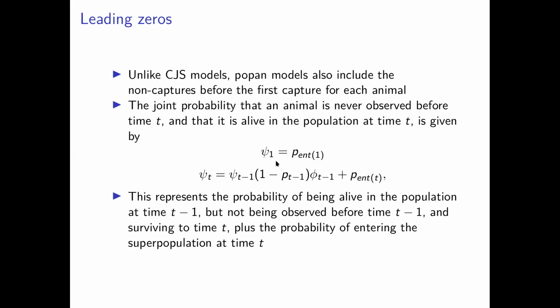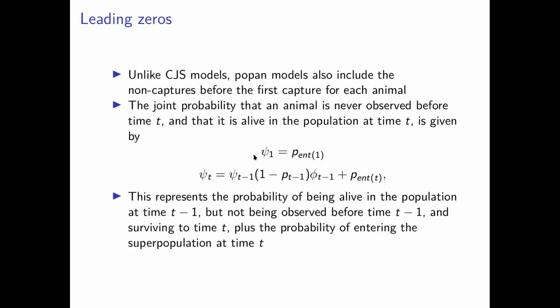So if you capture the animal for the first time in the first survey, then the probability that it's never observed before then, together with, so it's the joint probability this time, that the animal is alive in the population in the first survey, is just the first entry proportion.